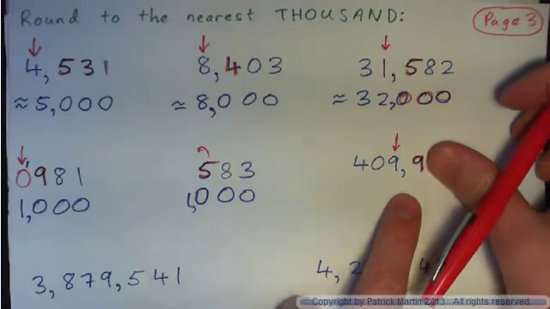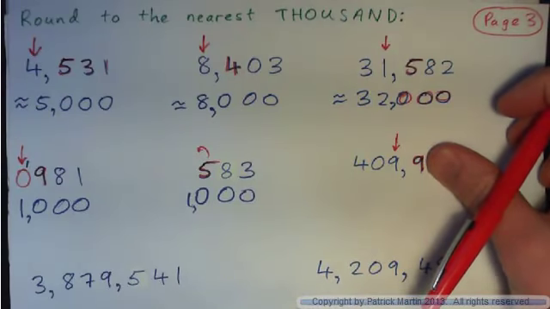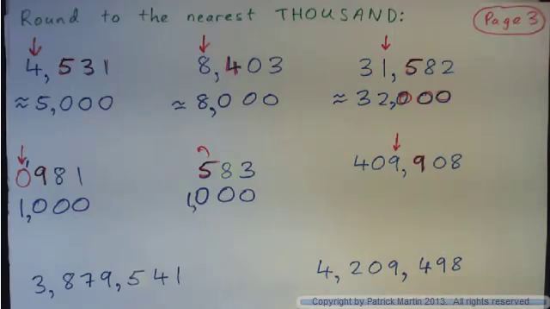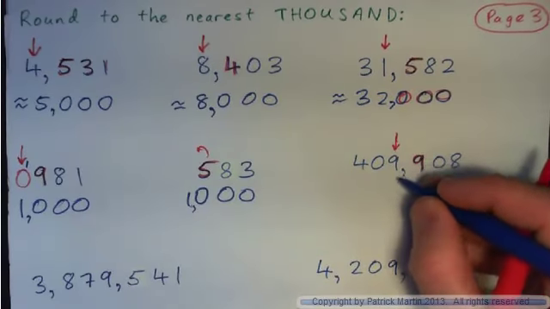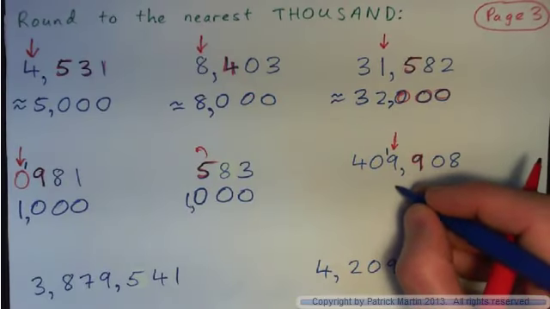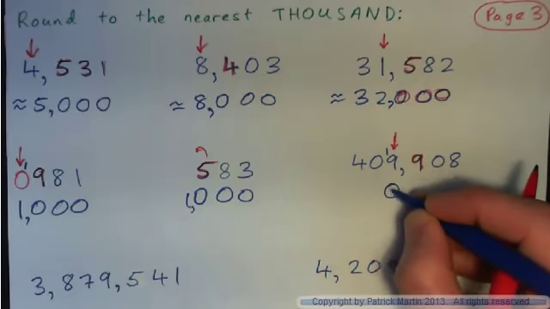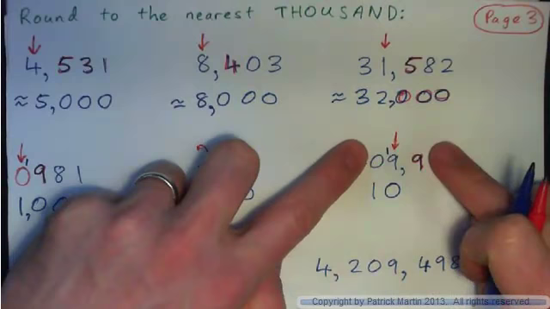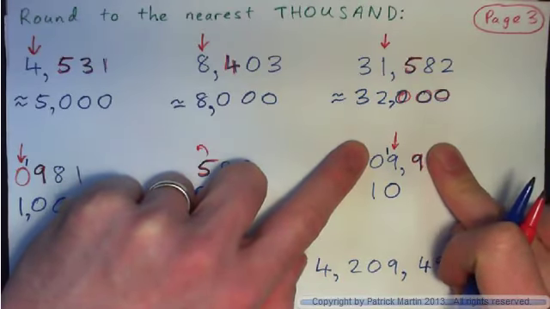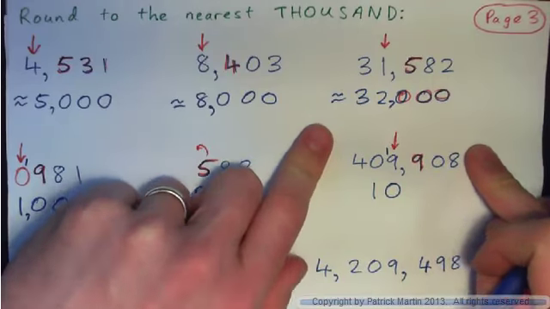So do we round up or down? Round up, right? So if you round up, then we got to add 1 on here, and 1 and 9 gives a 10, basically. So basically you're rounding up, and the 9 becomes a 10. See that?